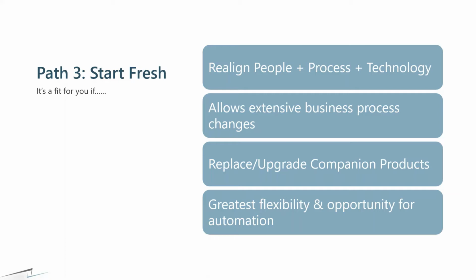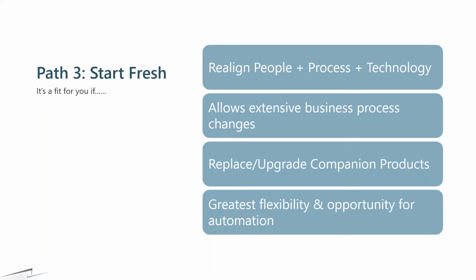So in the other 2 options that we talked about, either the hybrid approach or a technical migration to Business Central, certainly we can include work effort or tasks around workflow automation or approval automation.